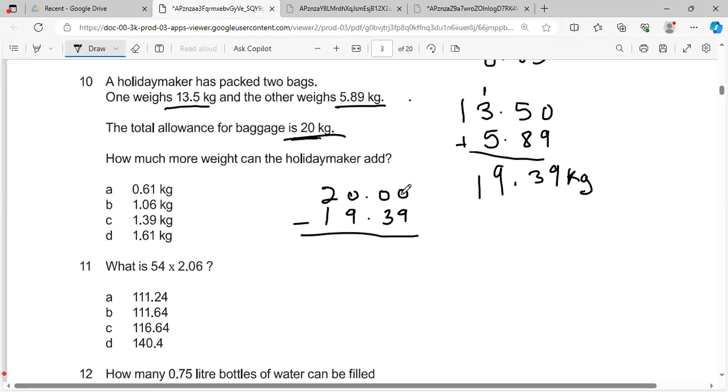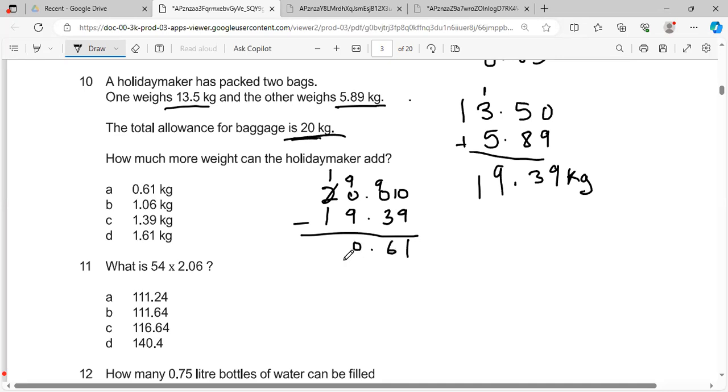Alright, so 9 from 3, I can't. All of them are 0. So I could just borrow, right? So we put 9 here, 9 here, and then 1, right? 9 from that would leave 1. 3 from 9 leave 6. And then this is 0.